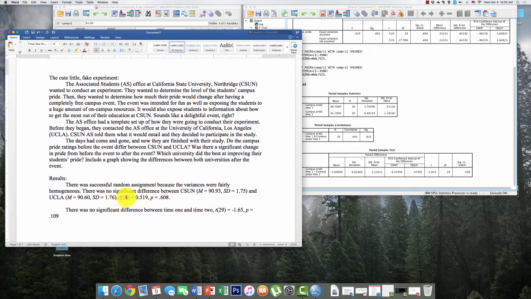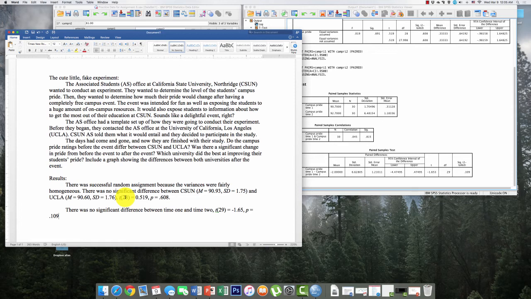And I don't know if you guys notice the difference between the degrees of freedom for the independent and the paired samples. But I just feel obligated to bring it up just in case. In the independent samples, you have 2 different groups. So it's going to be n minus 2. And then we have 28 for the independent samples.